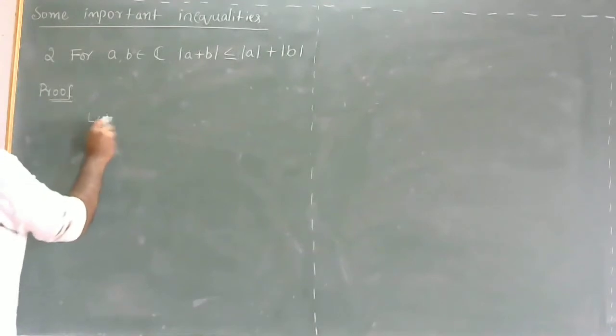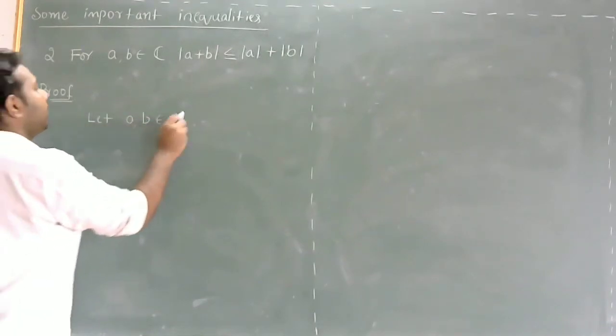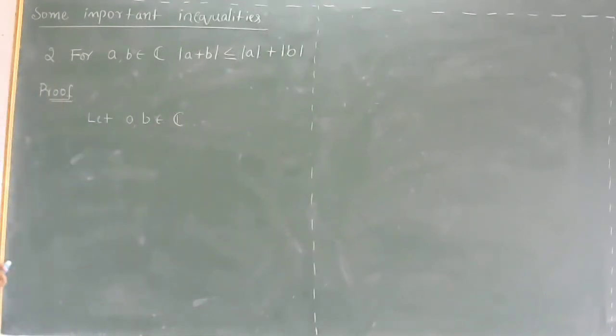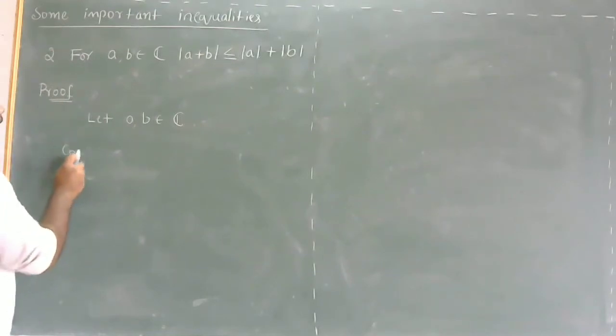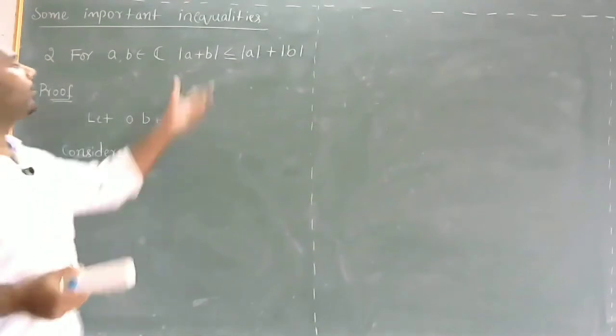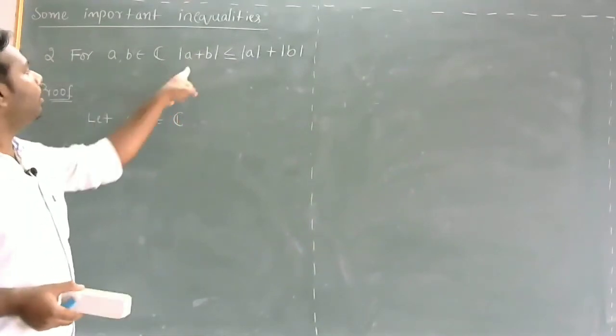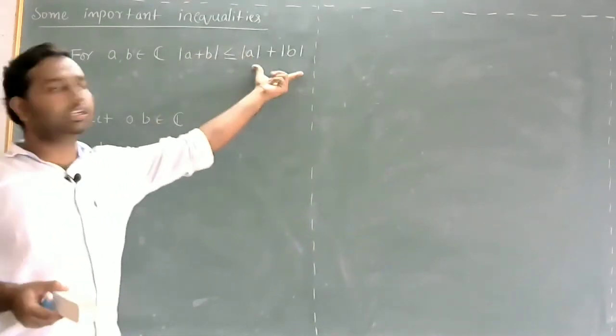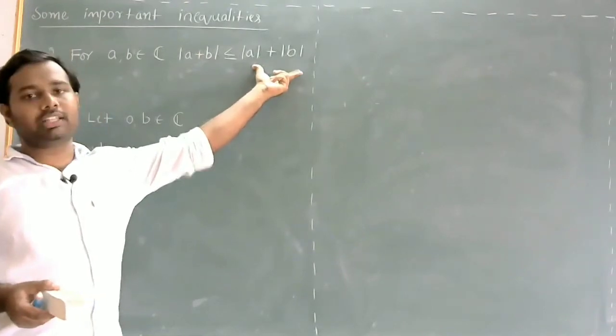Let A and B be any two complex numbers. Now I have to prove that modulus of A plus B is less than or equal to modulus of A plus modulus of B.